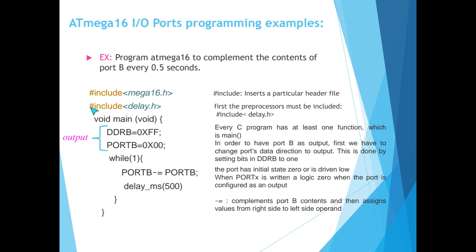So as you see, I wrote number sign include and the delay function header file. Because we said that for using the delay function in our programming, at first we need to initialize it, and by using a preprocessor, which includes the header file related to the delay library, we can do it.